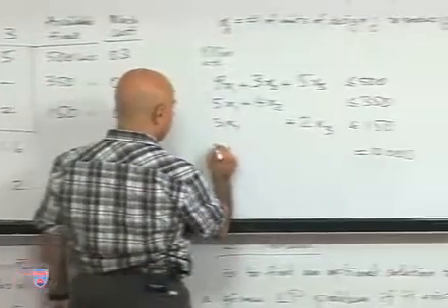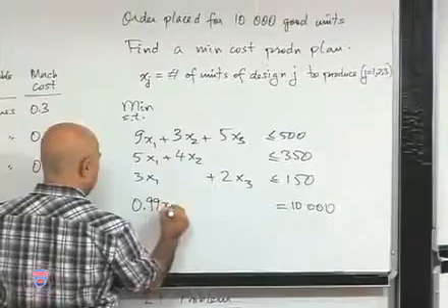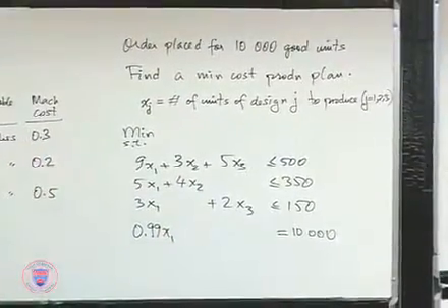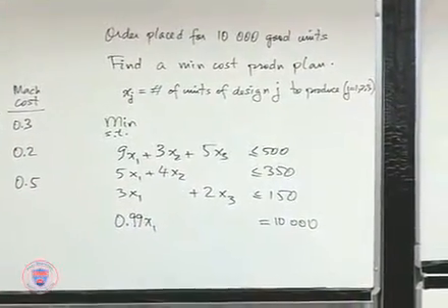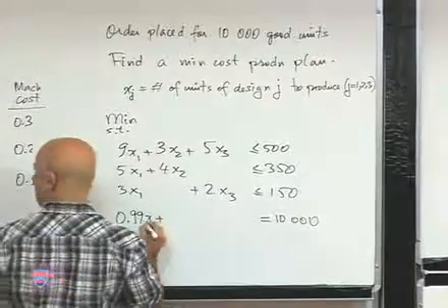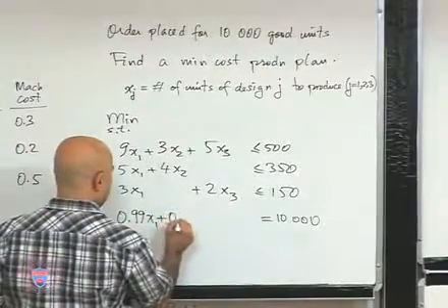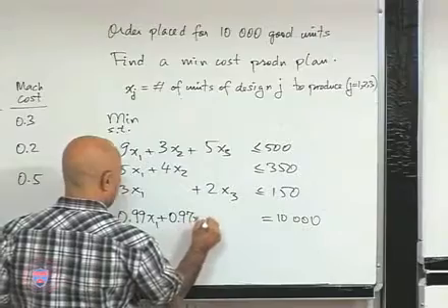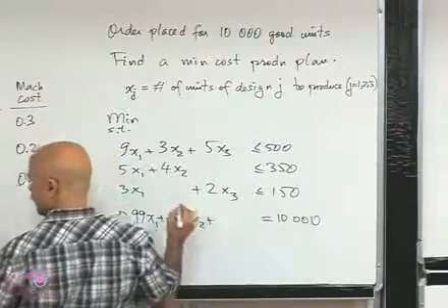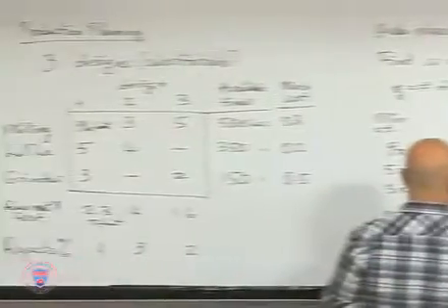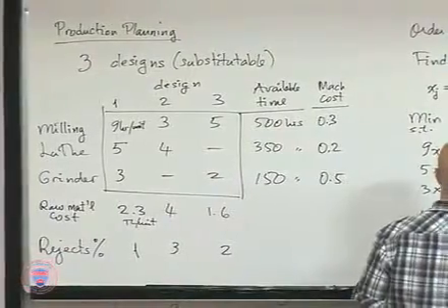Okay, 0.99 x1. These are the good units on the average coming from the first design, plus 0.97 x2 plus 0.98 x3.